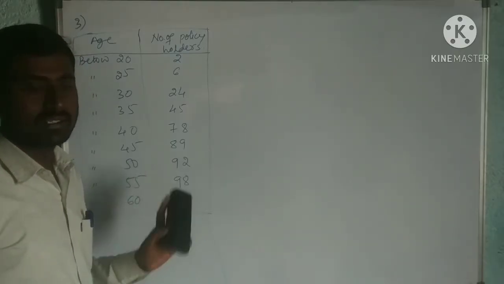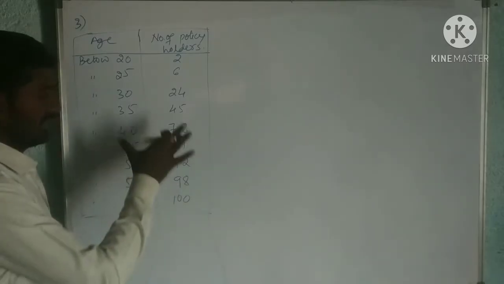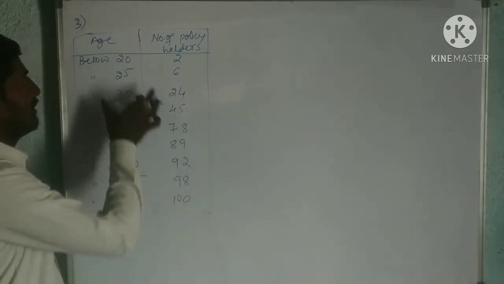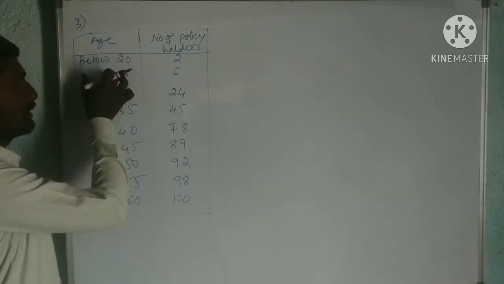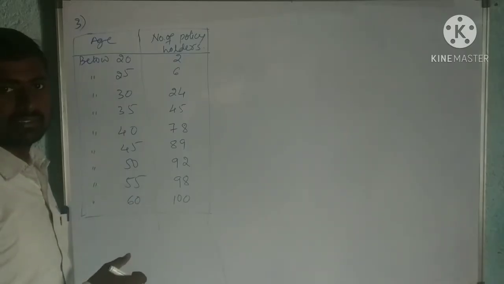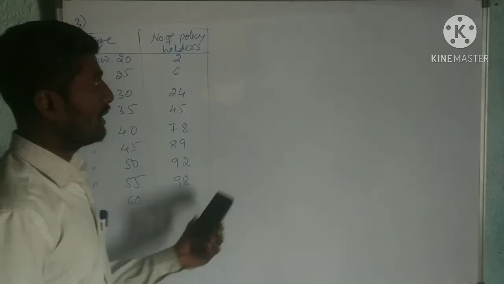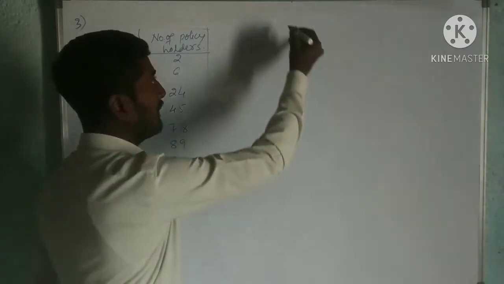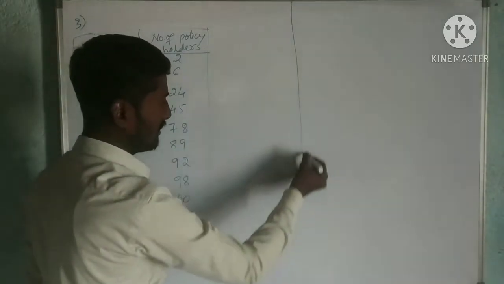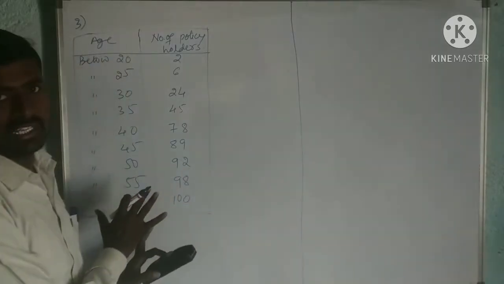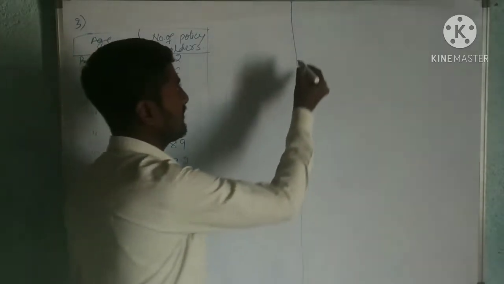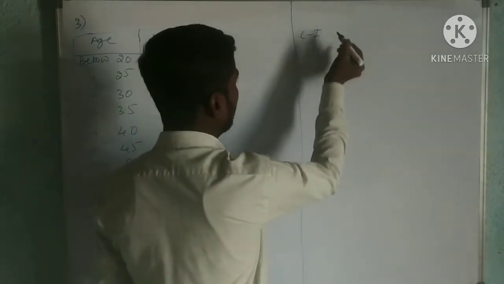To find the median, this below is a less than type table. We have to convert this into a cumulative frequency table. Now I will construct one more table using the given data only. Class interval, CI.